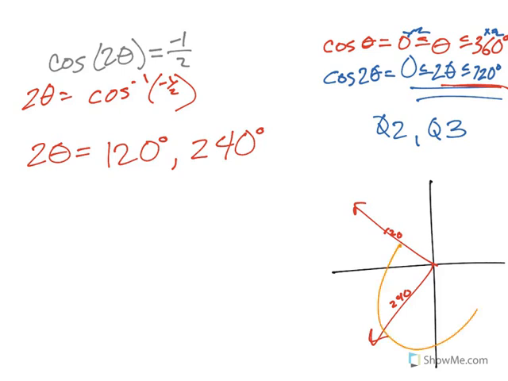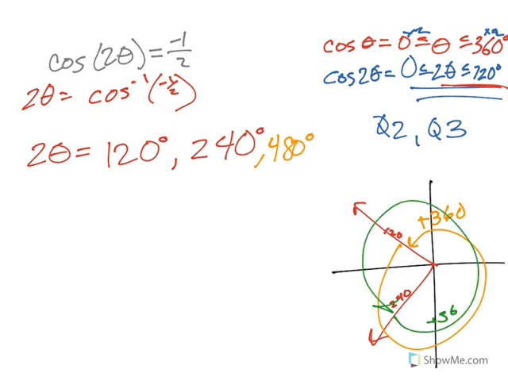So for my 120, I'm going to have to add 360, and I get 480 degrees. And then for 240, I add 360, and I get 600. So those are my degree measurements for 2 theta. But friends, if we're solving an equation, we don't solve for 2 theta, we solve for theta.